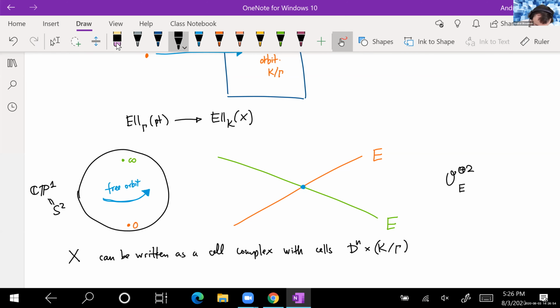So maybe I'll write OE plus another OE: functions on one, functions on the other. There is a map that takes the value at the point, so this goes to O of that point. And then the kernel of that are the functions on my elliptic homology of P1.